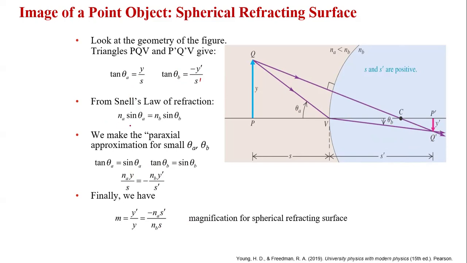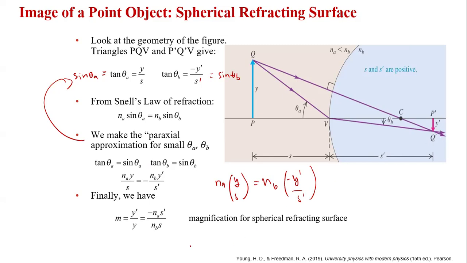Okay. So from Snell's law, for small angle approximation, the tangent will be equal to the sine of theta A, sine of theta B. So since we have Snell's law, n_a times y over s is equal to n_b times negative y prime over s prime.